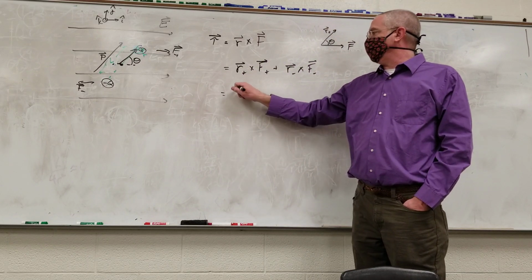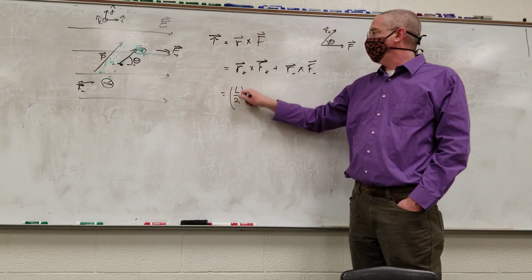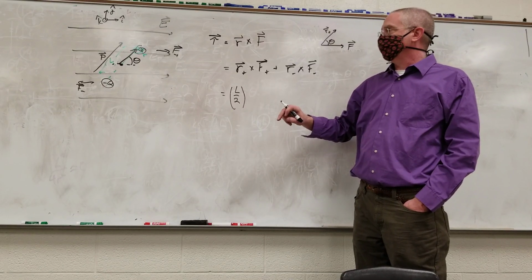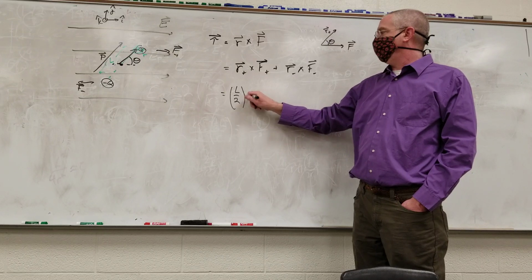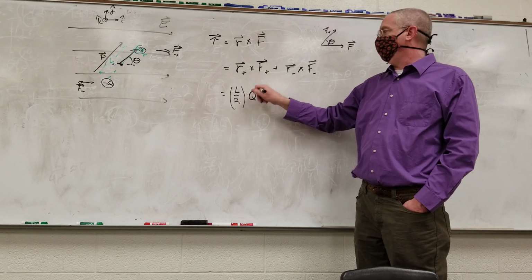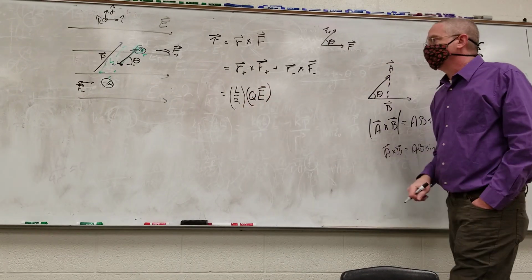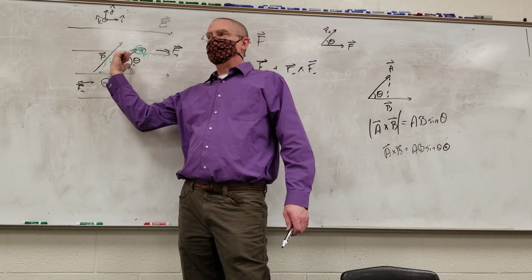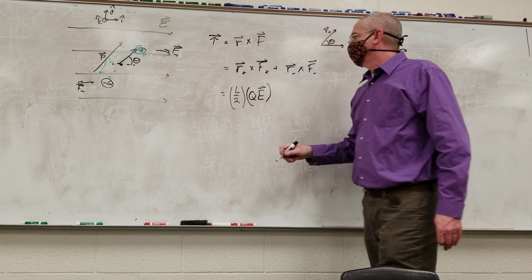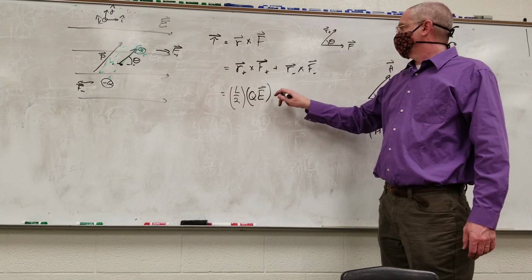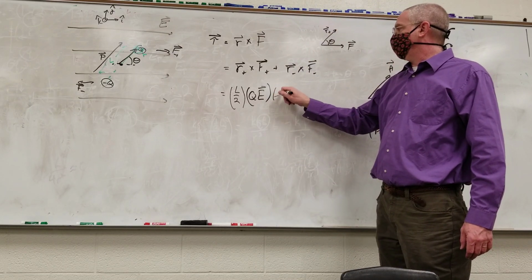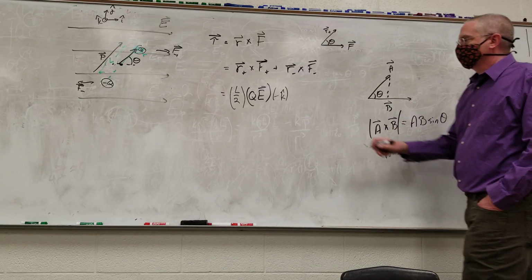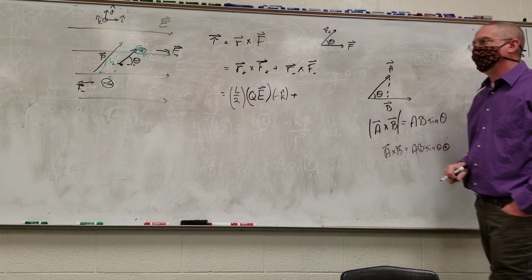So this is going to be L over 2 times the force on the charge, which is just Q times the electric field. And R cross F would be into the board. So negative k hat. Plus.